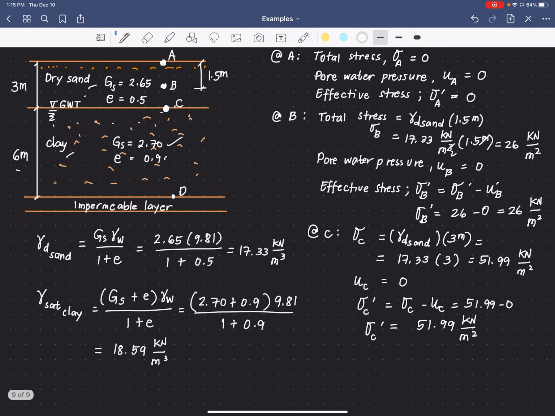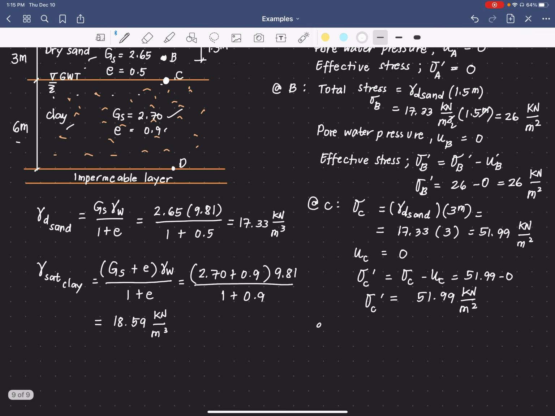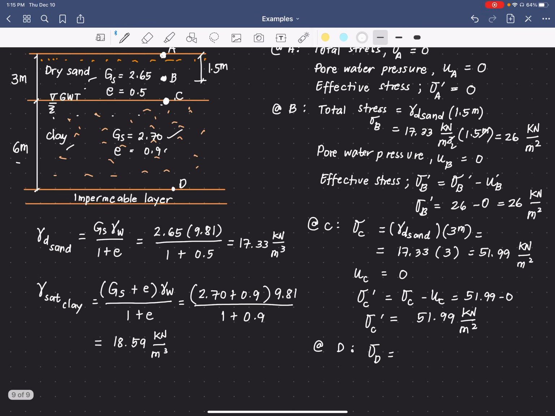Then finally, at D, the total stress would be equal to the stress from the ground surface up to point D. So if we start from the ground surface, we have the unit weight of our dry sand multiplied by 3 meters.